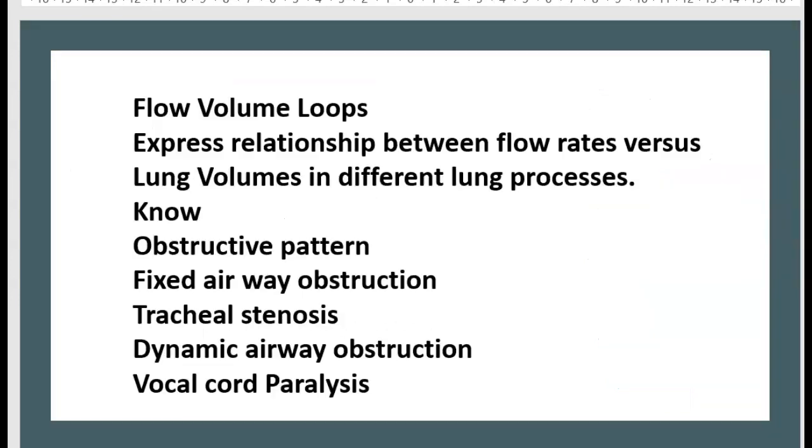Flow volume loops. Flow volume loops express the relationship between flow rate versus lung volume in different lung processes. Obstructive pattern, fixed airway obstruction, tracheal stenosis, dynamic airway obstruction, and vocal cord paralysis.